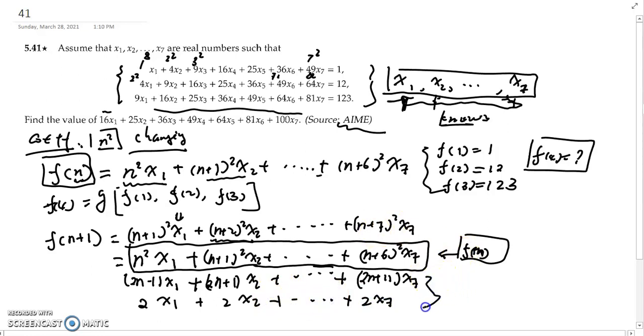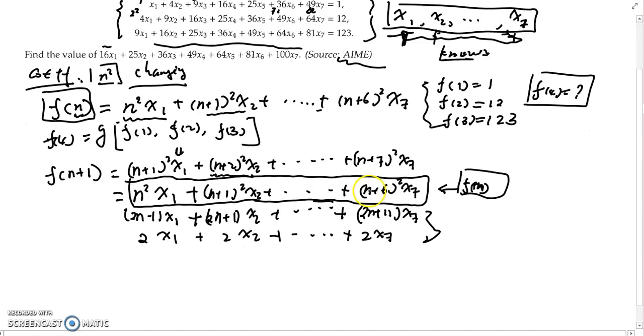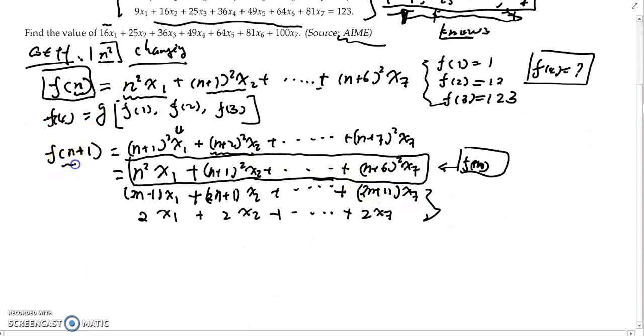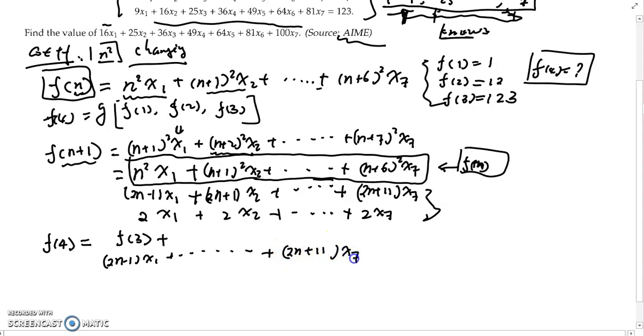Now these are the two terms we are trying to solve. If you can see it clearly, we already have n equals 3. We want to solve f4. f4 is already equal to f3, plus a row of 2n minus 1 times x1, and so on, plus 2n plus 11 times x7, and then we still have another one, 2x1 and so on plus 2x7.